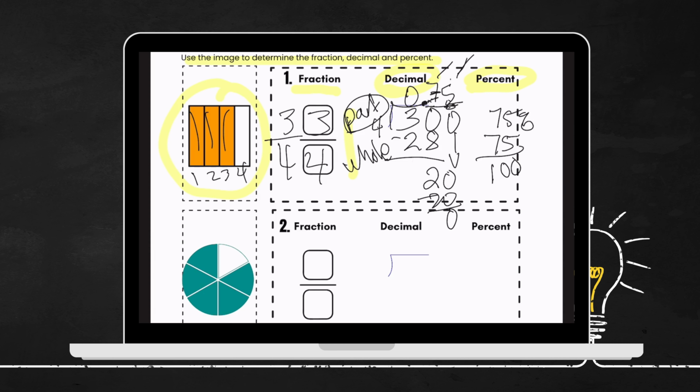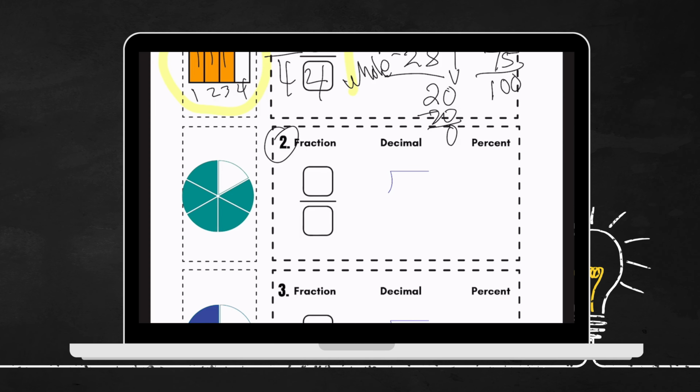Or you can take your decimal, 0.75, and multiply it times 100 because it's out of 100. Times 100 is the same as moving it 2 decimal places, which gives us 75% again. So the fraction 3/4 is the percent 75%.